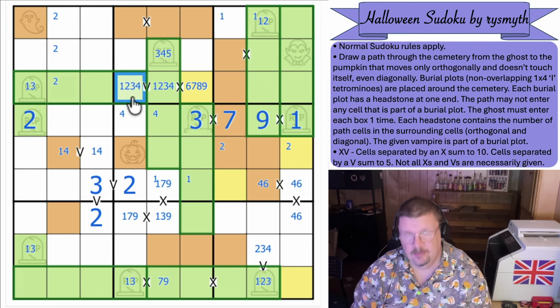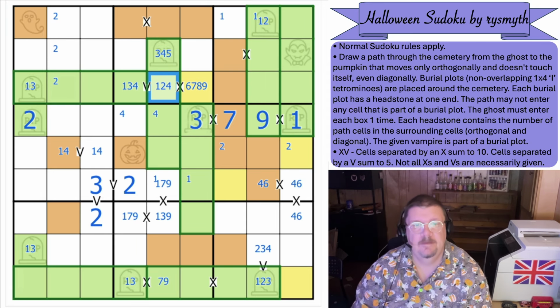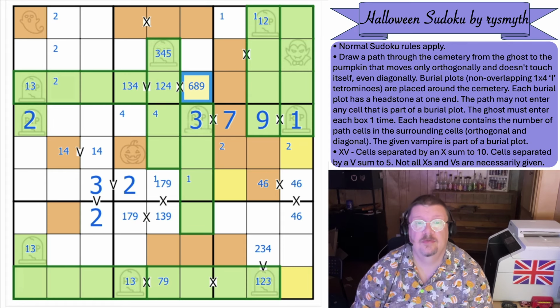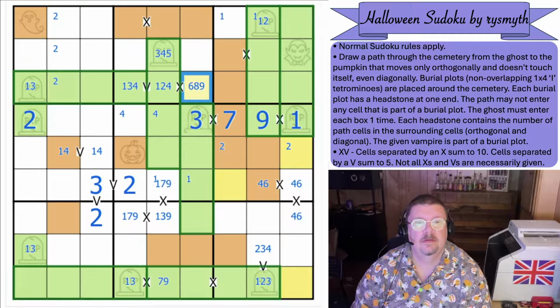That's not 2, so that's not 3. That's not 3, that's not 7. Right.